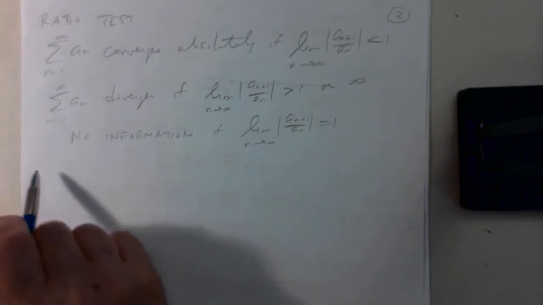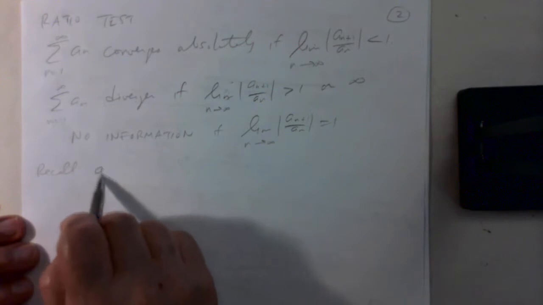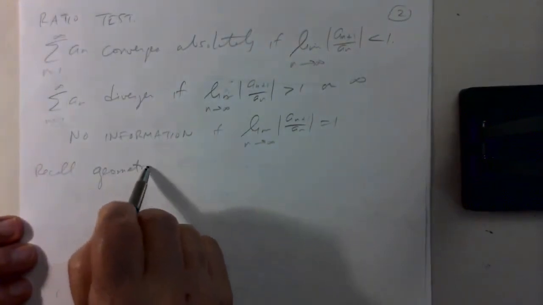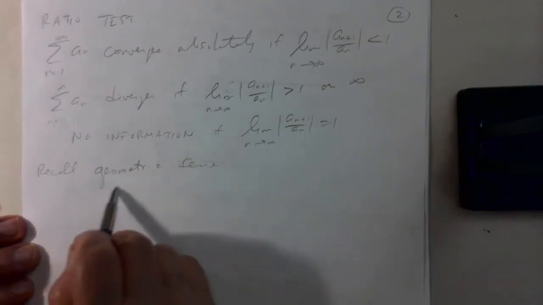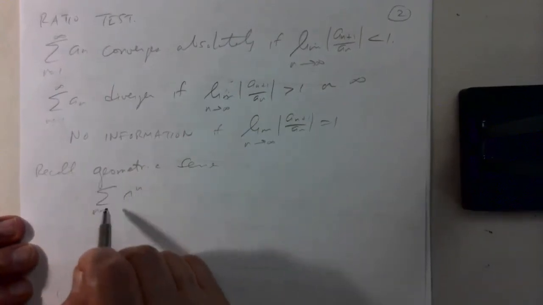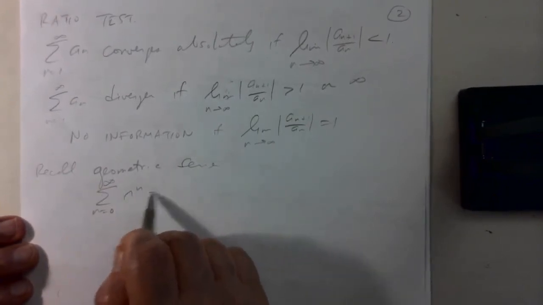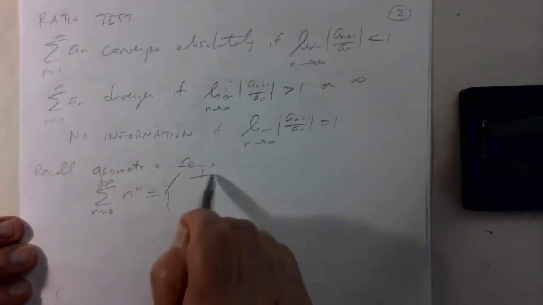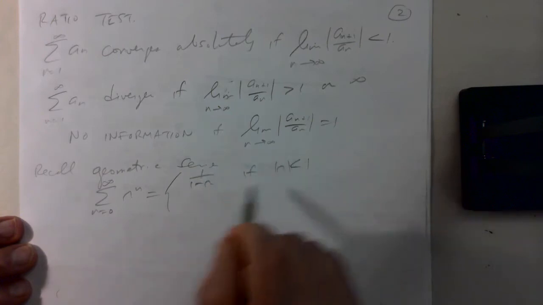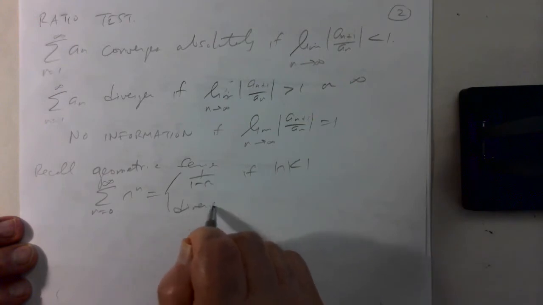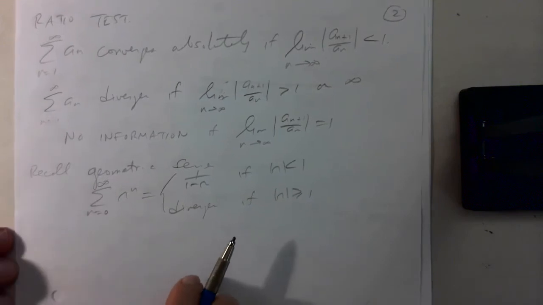I mean, the idea of the proof is very simple. Recall the geometric series. Summation r to the n, let's say from 0 to infinity, converges to 1 over 1 minus r if the absolute value of r is less than 1, and it diverges if the absolute value of r is greater than 1.